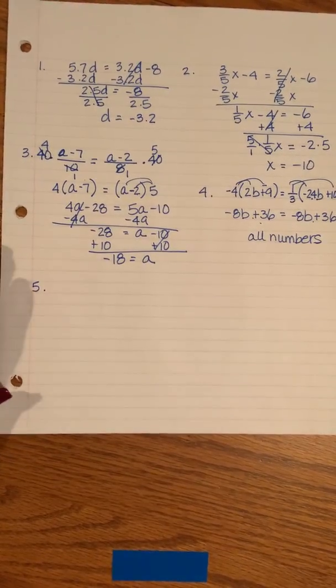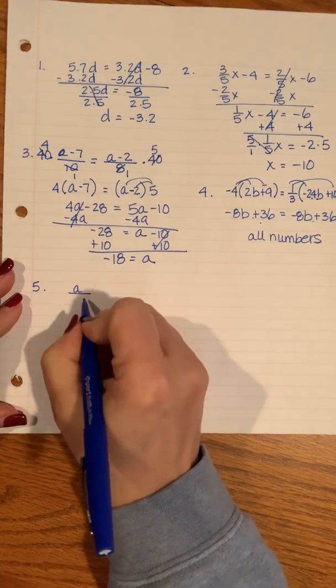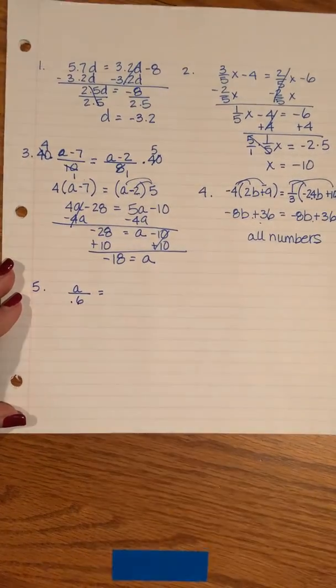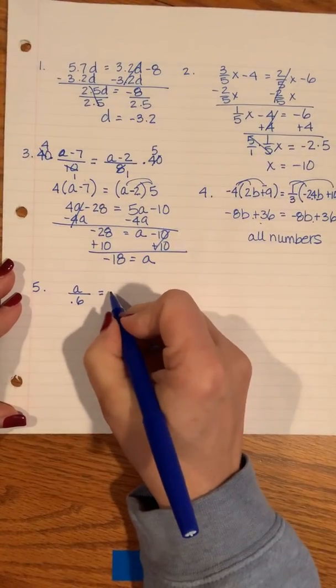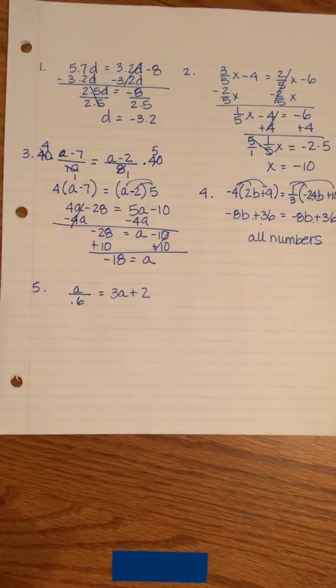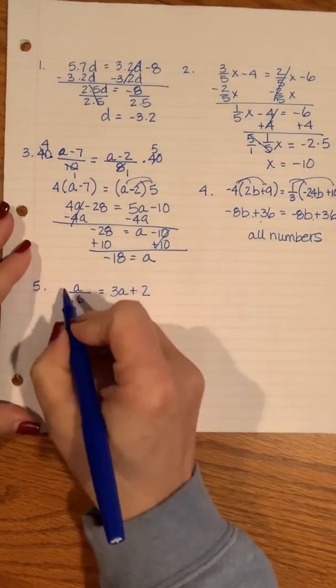Number 5 had a denominator that I want to get rid of also. Number 5's answer is negative 1.5. But if you want to see me get rid of the bottom number so that you don't have a denominator over there, you can.